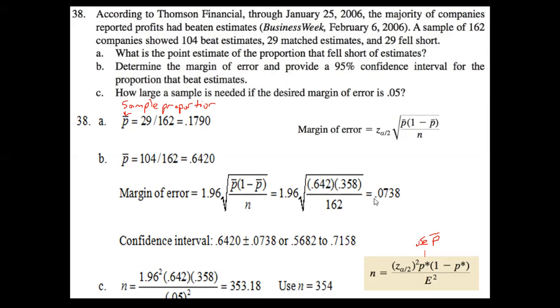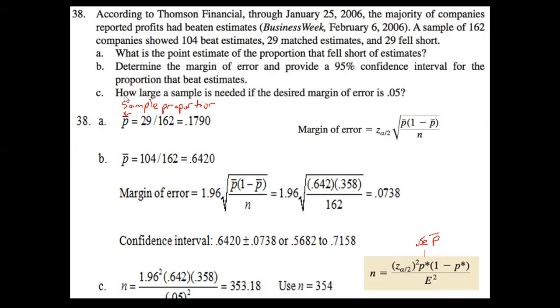Multiply all that together, we get 0.0738. So our sample proportion minus and plus that gives us 0.5682 to 0.7158. That's going to be our 95% confidence interval.